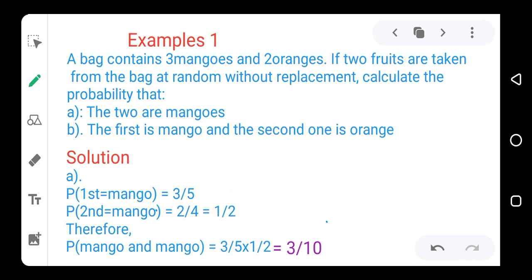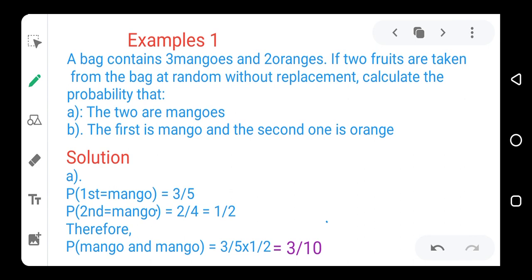Now picking the second mango, because the first one you picked is lost already, you did not put it back, it means that the total number of fruits in the bag has reduced from 5 to 4. And also, the total number of mangoes has reduced from 3 to 2, because in the first pick you picked a mango and you did not put it back.